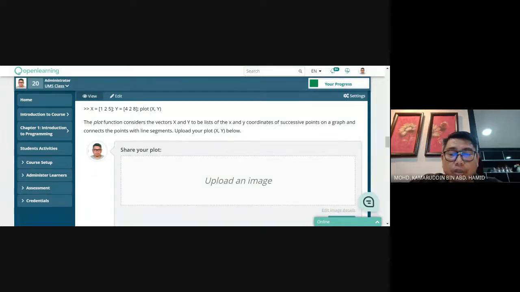Alright, take home list, to-do list. So first is those yang belum siap lagi, make sure you siapkan the tutorial, upload all those evidence. And then the second is install the Matlab. If you still have a big space in your laptop, it is recommended for you to install it.